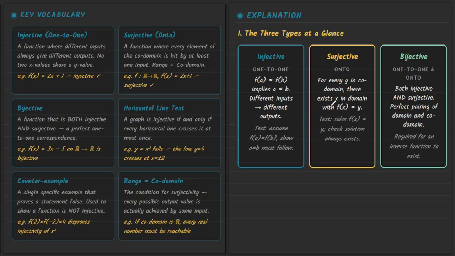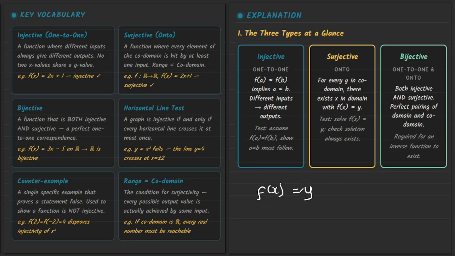What we simply mean is if we take our codomain, all the elements in the codomain should be pointing to an element in the domain. So it should mean that for f(x) = y, the solution always exists.